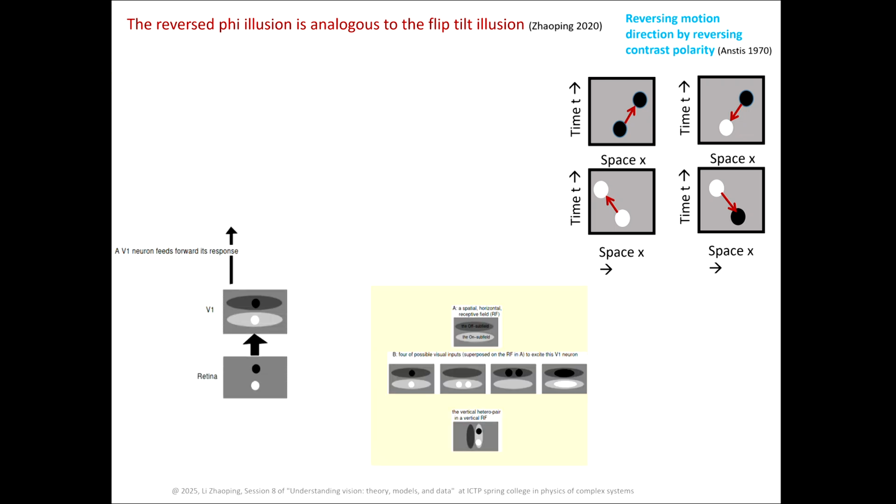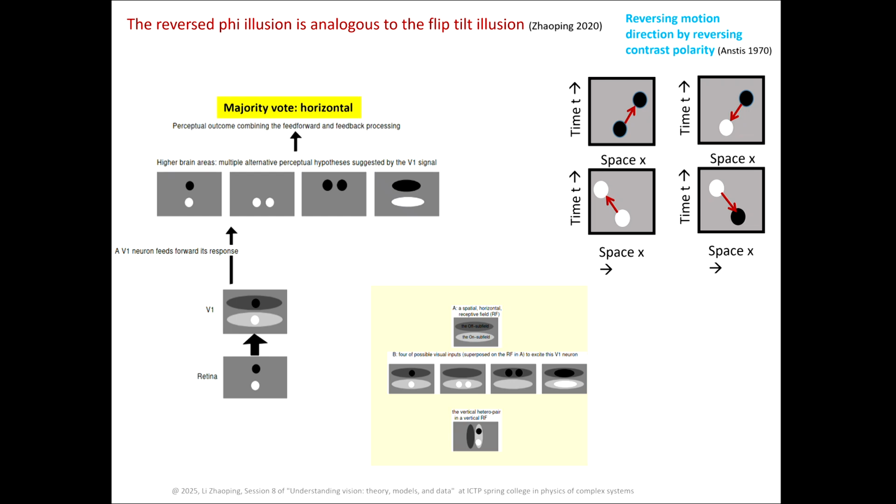Consequently, when V1 sends this activation forward, higher visual areas can be misled to believe that the responsible retinal input is oriented at the preferred orientation of this neuron. This misleading situation occurs because an information bottleneck prevents V1 from feeding forward other useful information, such as activations from many other V1 neurons tuned to other locations, orientations, and spatial scales.